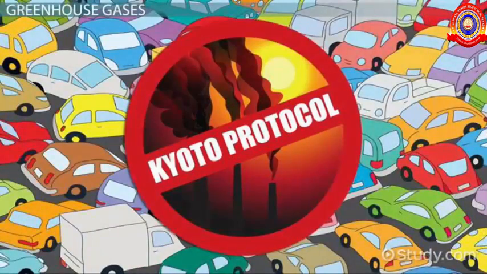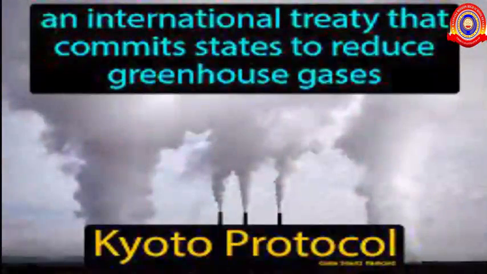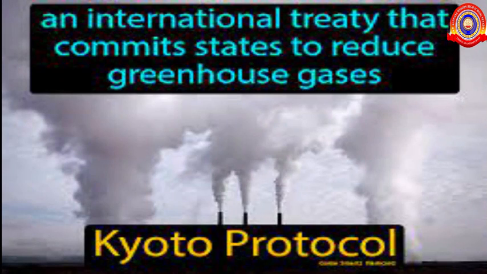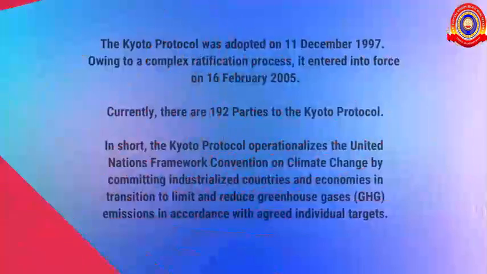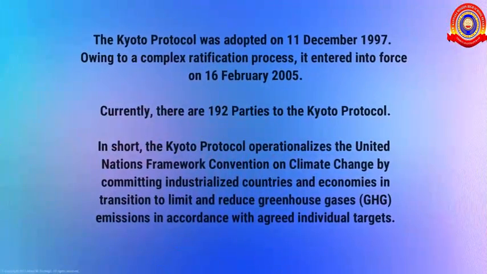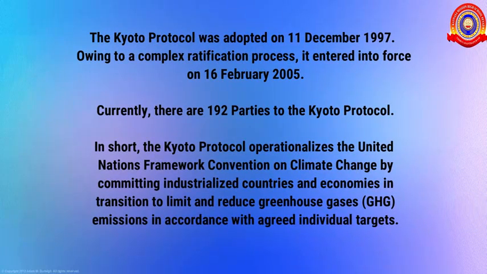What is the Kyoto Protocol? An international treaty that commits states to reduce greenhouse gases. The Kyoto Protocol was adopted on 11 December 1997. Owing to a complex ratification process, it entered into force on 16 February 2005.